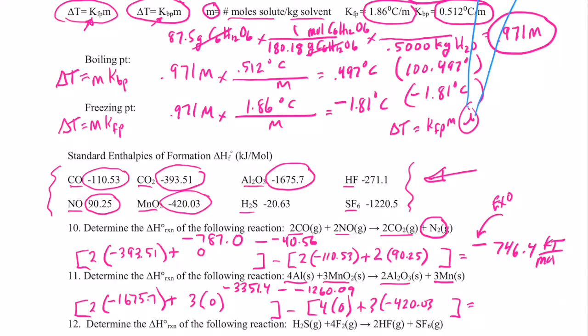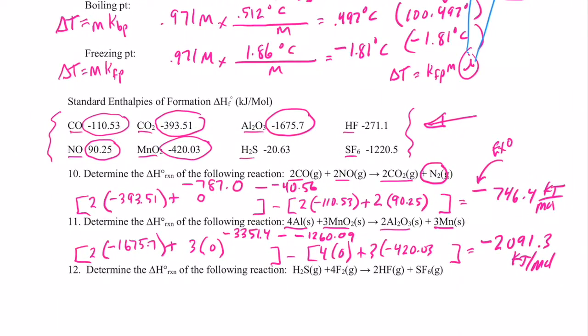So the heat of that reaction would be the negative 3351.4 minus the negative 1260.09, and we end up with a negative 2091.3 kilojoules per mole of reaction. And that, once again, is exothermic. The sign of delta H for that reaction is negative.